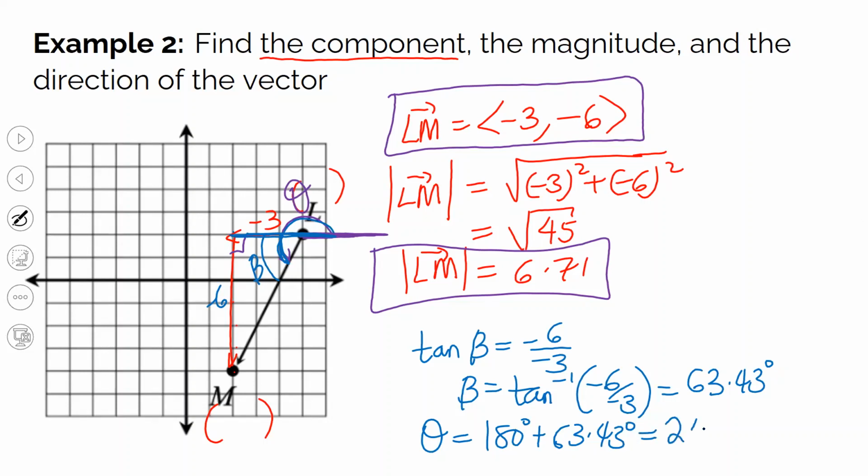So this is going to end up to be 243.43 degrees, and that is the solution. Any questions so far? If you have questions, please unmute yourself and talk. Otherwise, let's keep going.